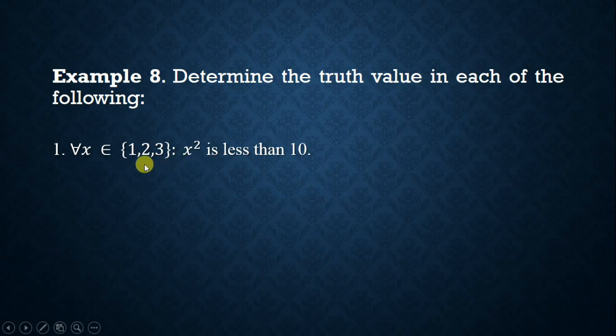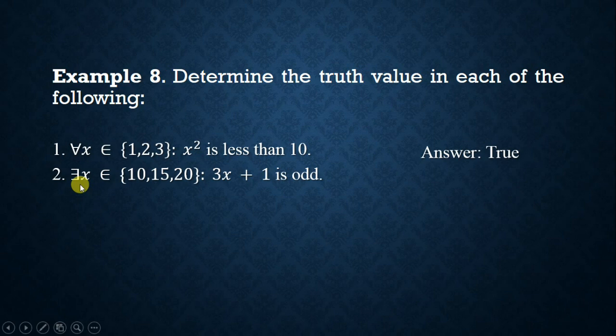If you evaluate, 1 squared equals 1, that is less than 10. 2 squared, which equals 4, is also less than 10. And 3 squared equals 9, which is also less than 10. So for all x element of this set, this condition is satisfied. So the answer is true.